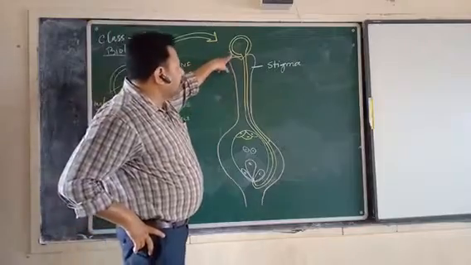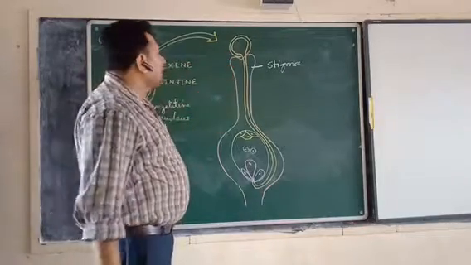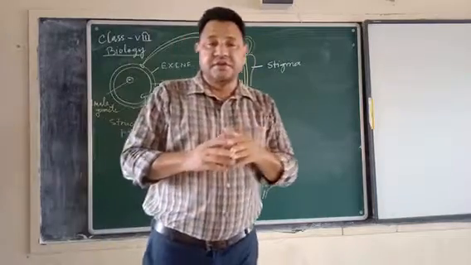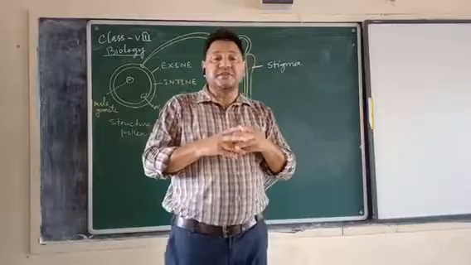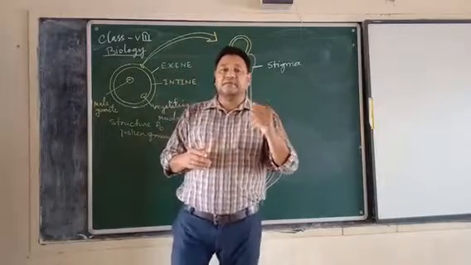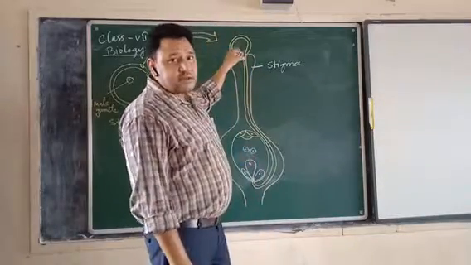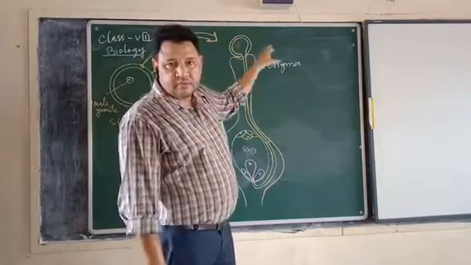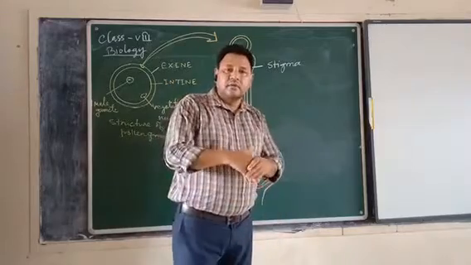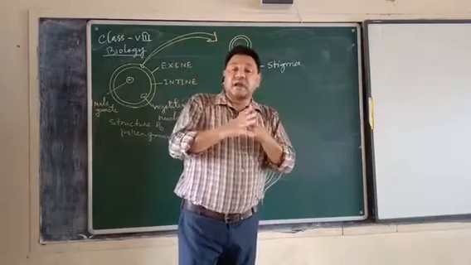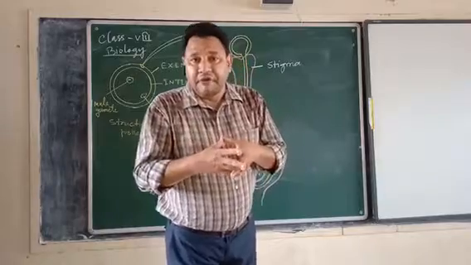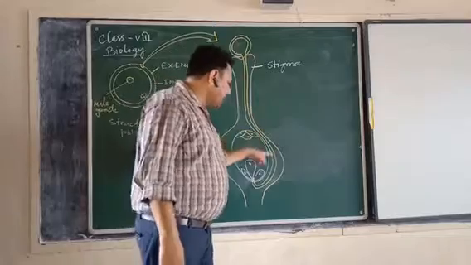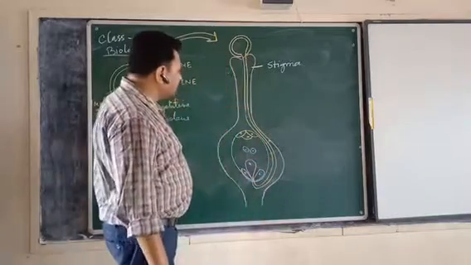Once the pollen grain comes on the stigma, it starts secreting mucilage, a viscous, sticky material. This is absorbed by the exine of the pollen grain, which swells and then bursts. When the exine bursts, the intine comes out in the form of a tube.